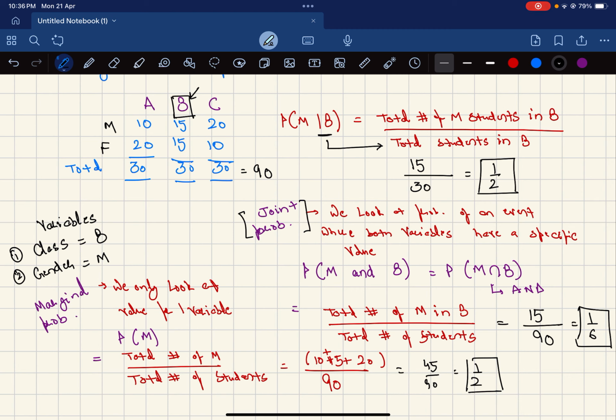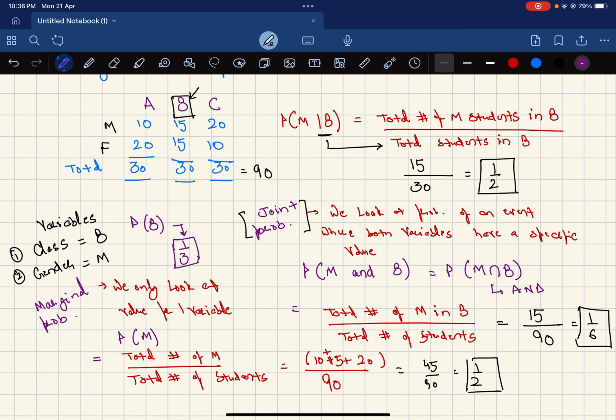Basically, marginal probability is nothing but the probability of getting a particular value for a single variable instead of putting a value on both the variables like we had in joint probability. Similarly, we could also have calculated the marginal probability of getting a student from class B, which is nothing but 1 by 3, since there are equal numbers of students in each of the three classes.